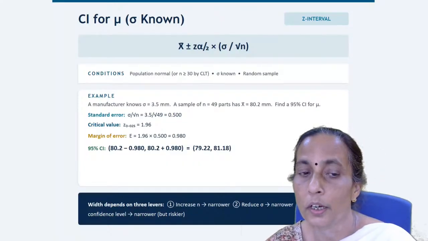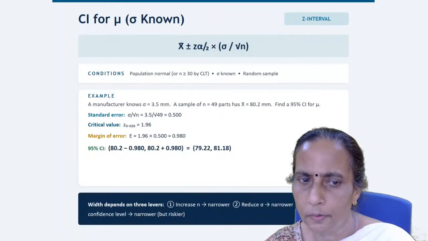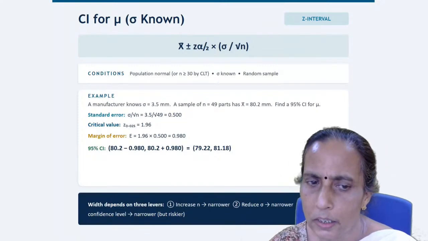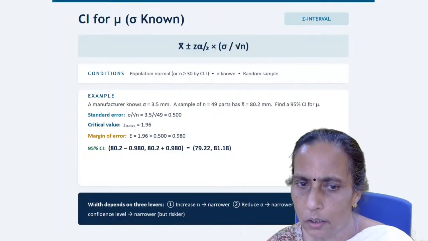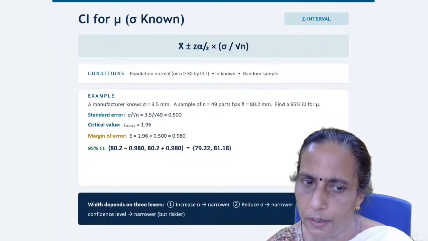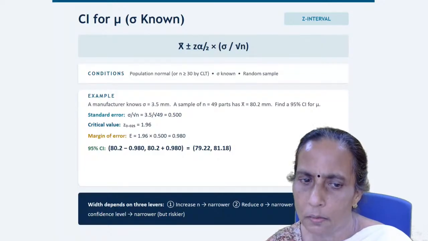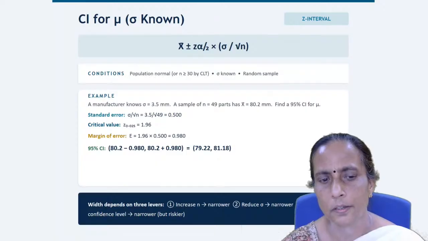The critical value is the Z value at 5% level of significance, two-tail, which is 1.96, and the margin of error will be 1.96 times this, which is equal to this. So your 95% confidence interval is 80.2 minus 0.980 and 80.2 plus this.